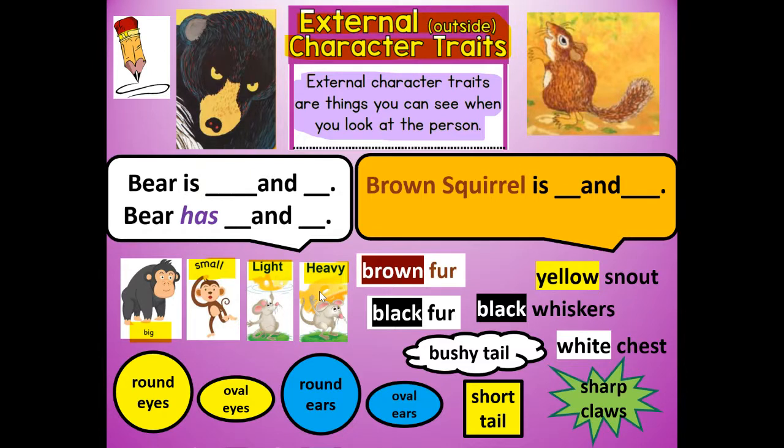Bear has a short tail and sharp claws. So this could be your fourth sentence to describe what bear looks like. Bear has a short tail and sharp claws. And when you're finished writing that sentence, you can push play, or push pause, write your sentence, and then push play.